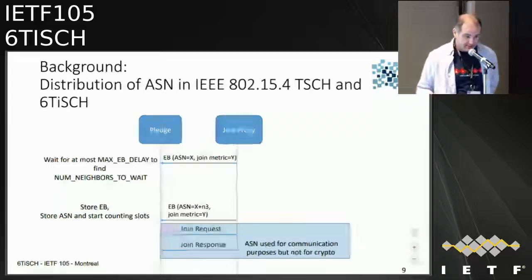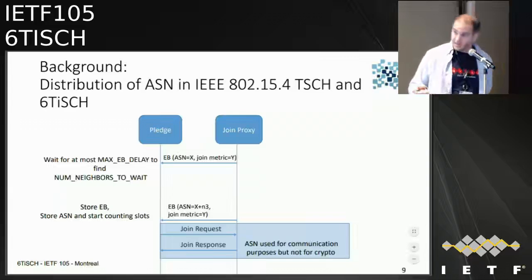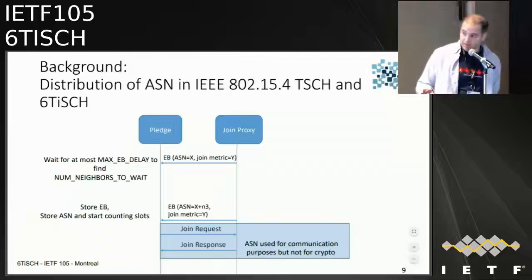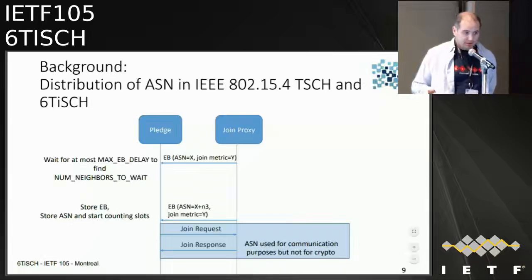Now the beacon is protected cryptographically, it's authenticated, but at this time the pledge does not have a means of verifying it. It takes a leap of faith and sends the join request and join response through this join proxy, but without layer 2 security involved, meaning that the ASN it heard from the beacon is only used for communication purposes, but not for crypto purposes.